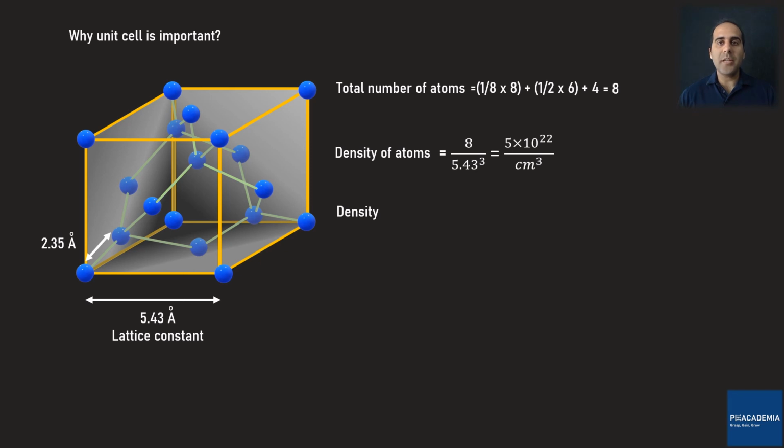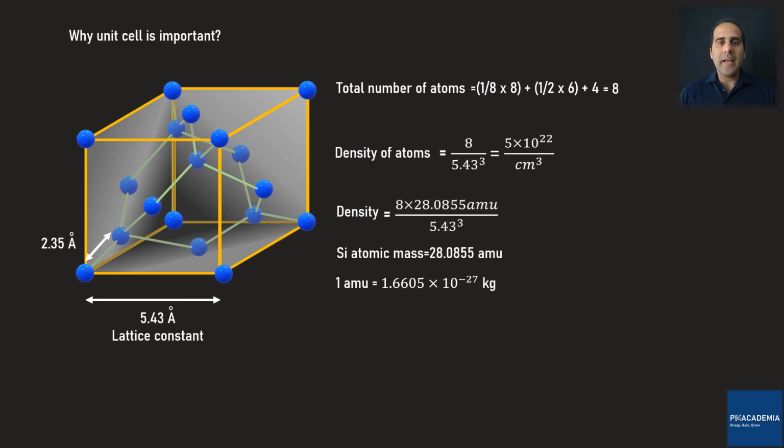The atomic mass of silicon is around 28 AMU. 1 AMU equals almost 1.66 times 10 to the power of minus 27 kilogram. Density is the total mass divided by the volume of a unit cell, so the density of silicon is around 2.32 gram per centimeter cube. These numbers will be later used to calculate other parameters.